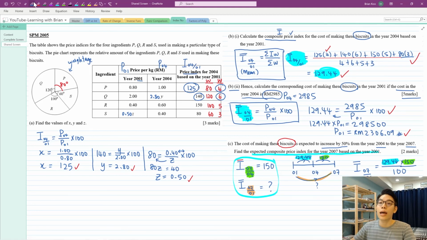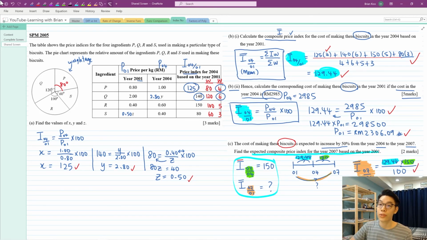So let me just type into the calculator. And you will get 194.16. Okay, that's the final answer. So 1 mark for this formula, 1 mark for your final answer. The 2 shorter ones times together, divide by 100 will give you the long one, which is the orange color one.